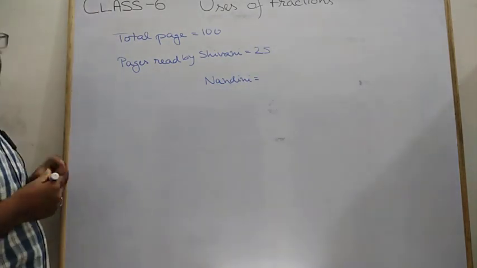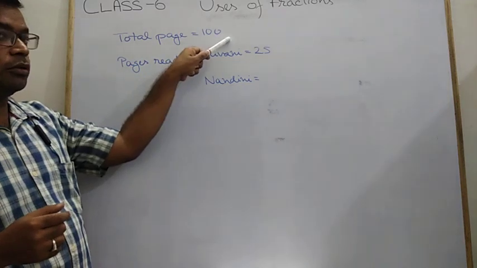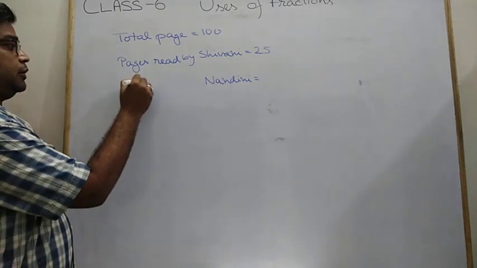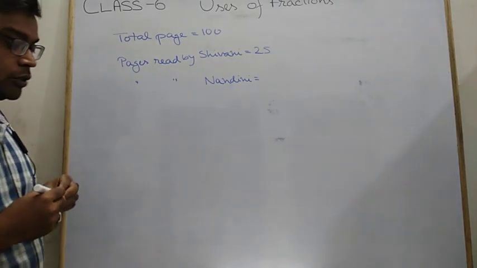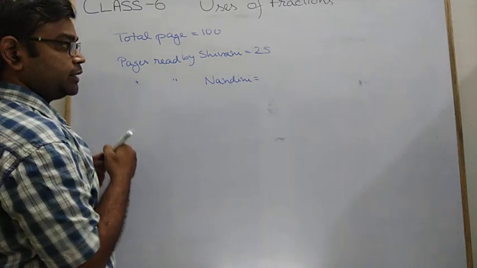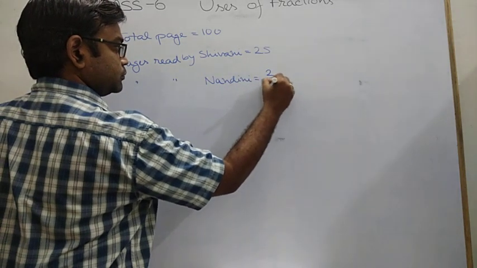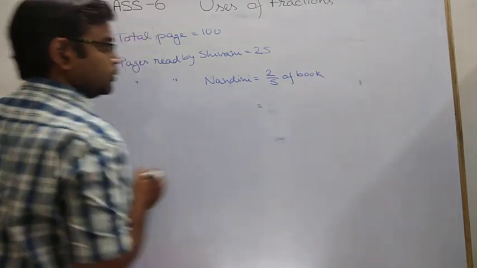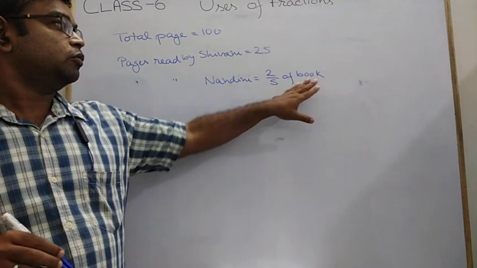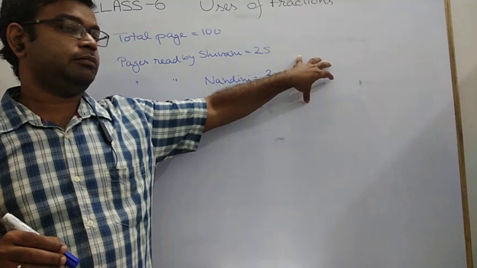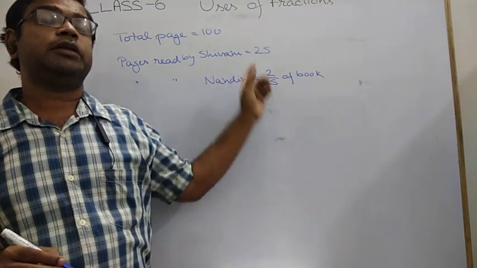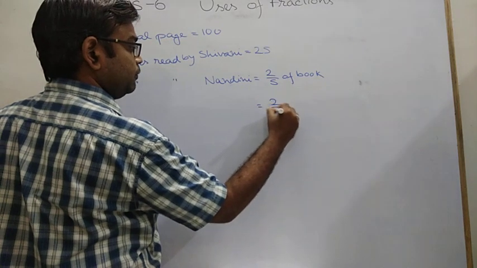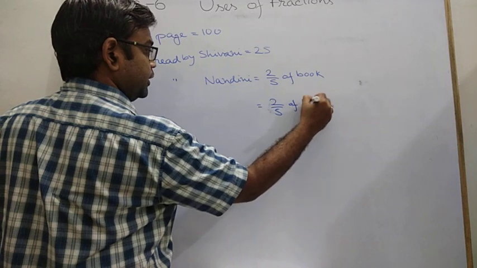Now in this case, what is given to me? Given to us is the total number of pages of the book. Pages read by Shivani are 25, and the pages read by Nandini are 2/5 of the book. So write down that statement first. 2/5 of the book means what? Of the total number of pages contained by the book, Nandini read 2/5. So what is the total number of pages? It's 100. So you can easily write 2/5 of 100 pages.